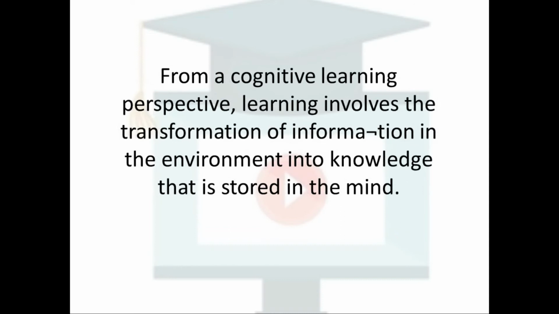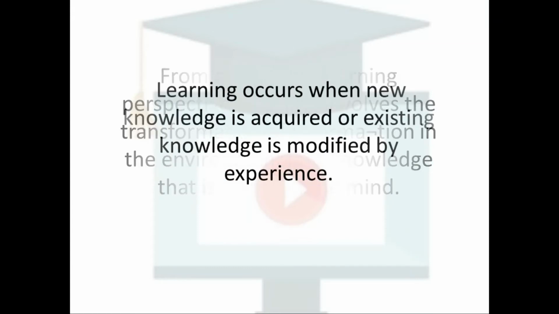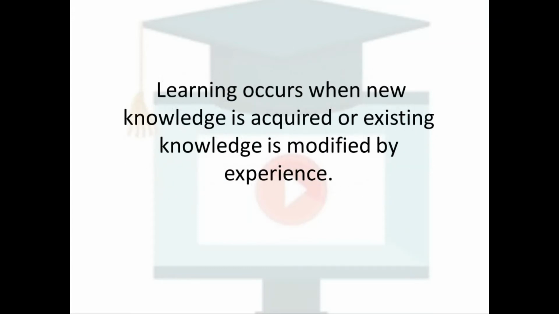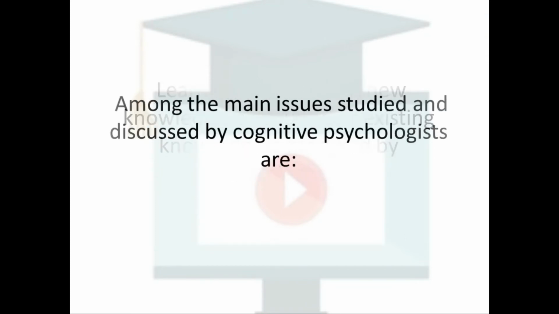From a cognitive learning perspective, learning involves the transformation of information in the environment into knowledge that is stored in the mind. Learning occurs when new knowledge is acquired, or existing knowledge is modified by experience.